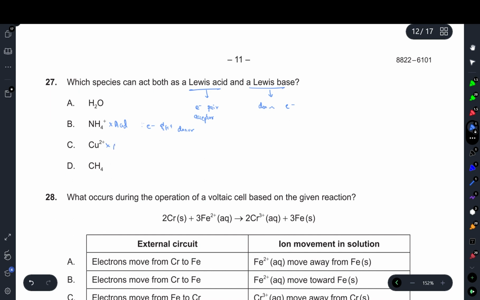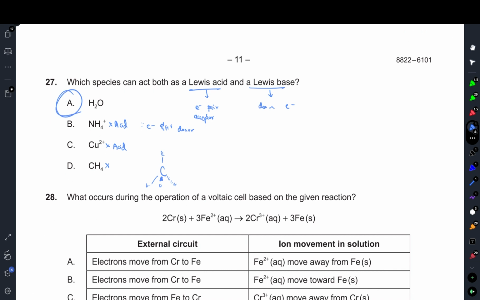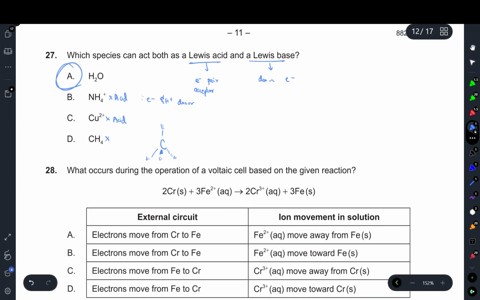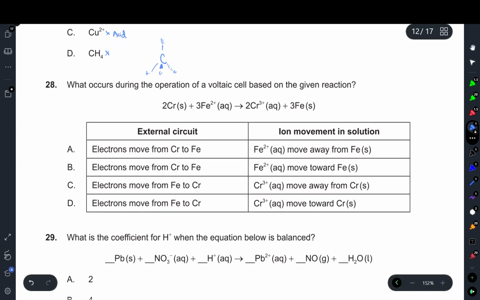Cu2 plus is also an acid because it accepts electrons. And CH4 is also incorrect since it cannot accept because it is in a very stable configuration. So your answer is A, because it can donate a pair of electrons and at the same time it can accept a pair of electrons, forming other species.